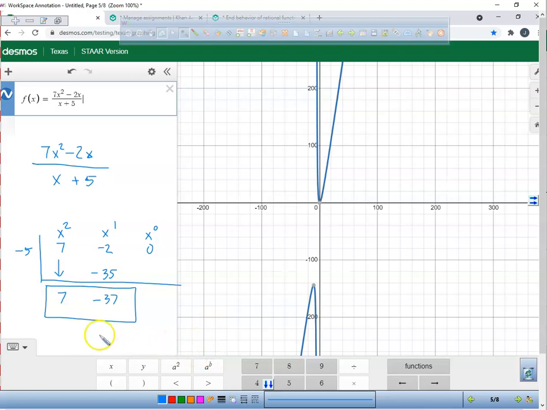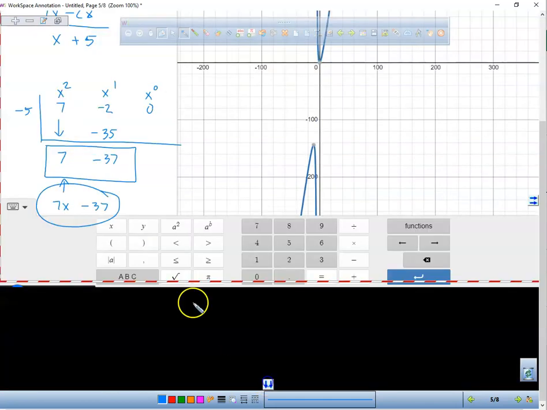Right here, I have a 7x minus 37. That's my slant asymptote.